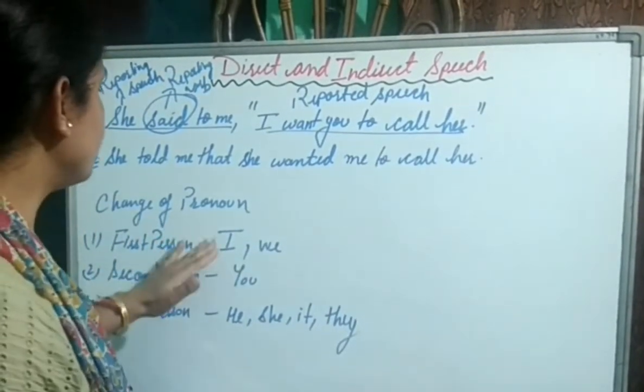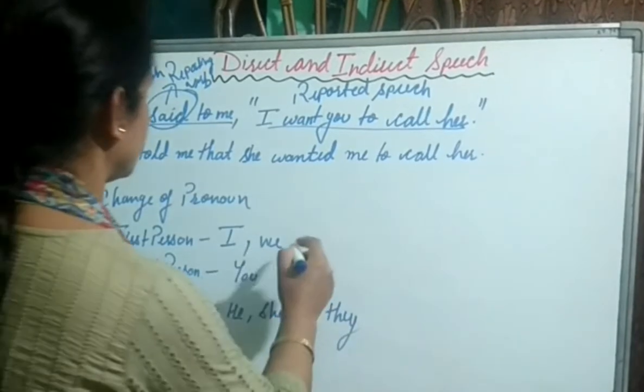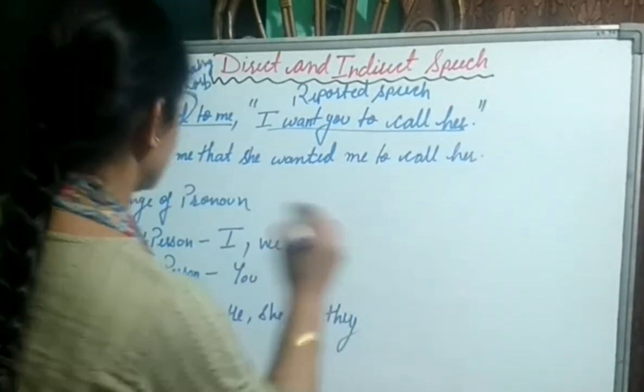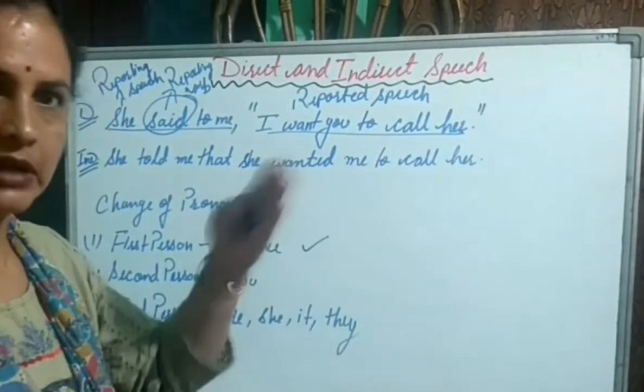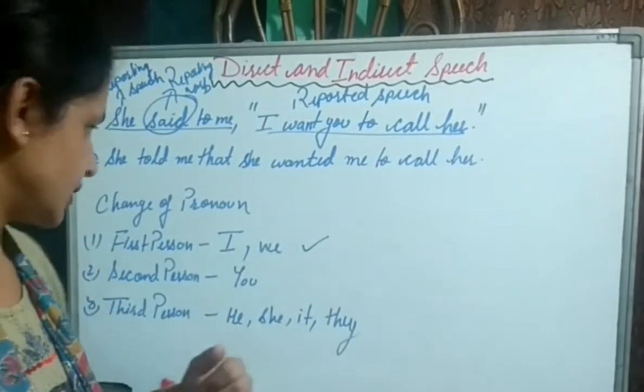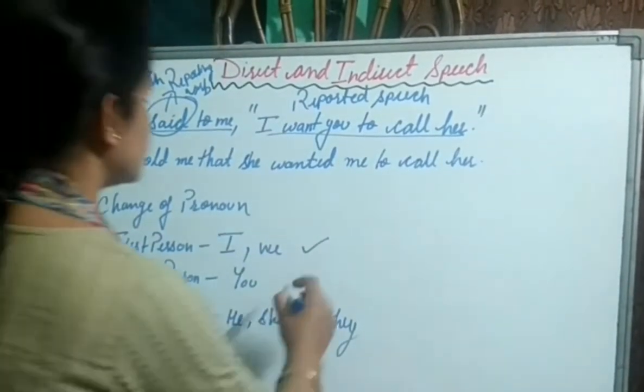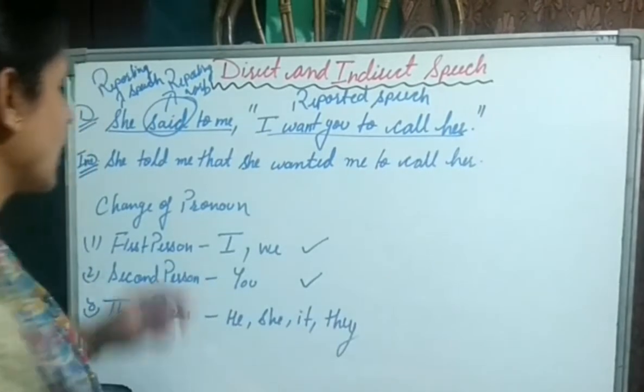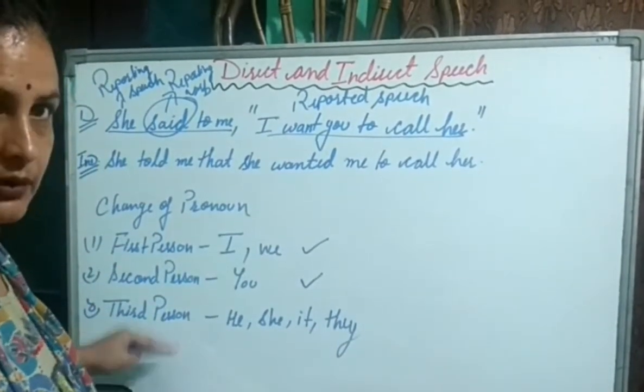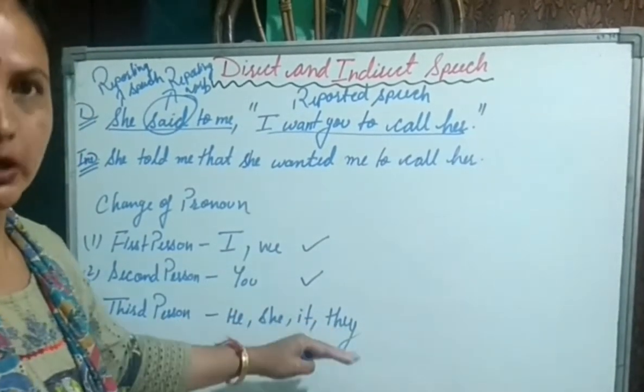Now here I and we, this we change while converting direct speech into indirect speech. Then second person we change. Then third person we do not change.